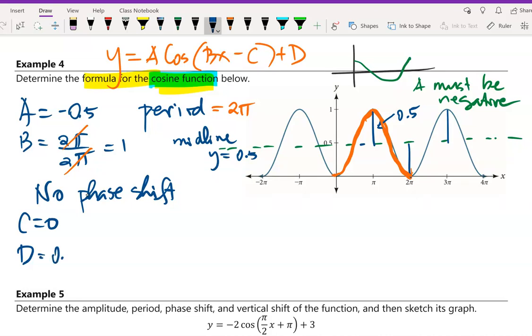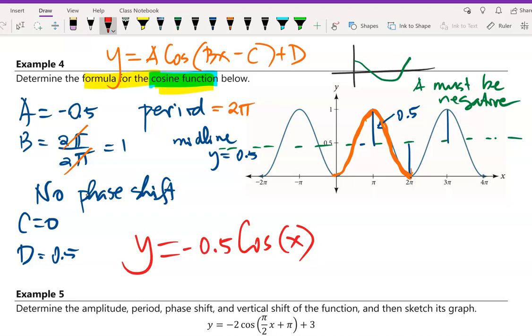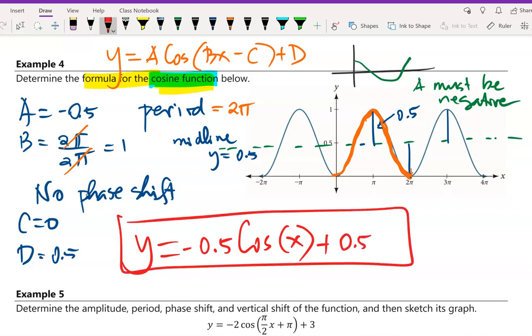So d is equal to 0.5. So with this, we'll be able to write our formula. That is y equals negative 0.5 cosine of 1x, and there is no phase shift, c is 0, so this is just simply cosine of x, and your vertical shift d is 0.5, so plus 0.5. So this is the answer.